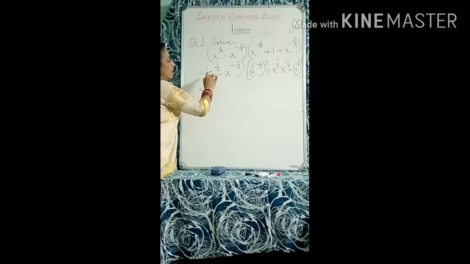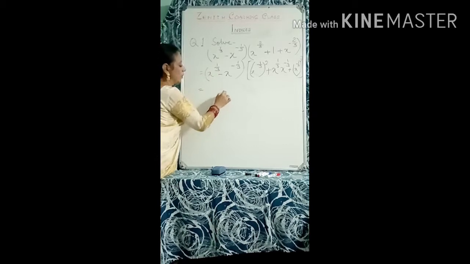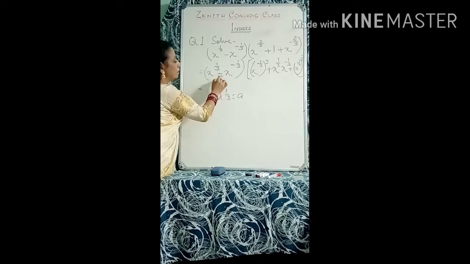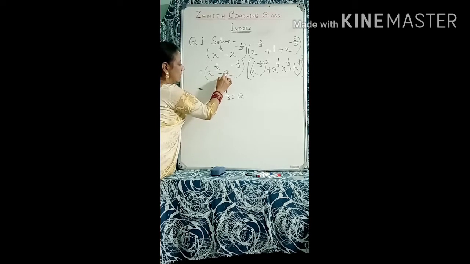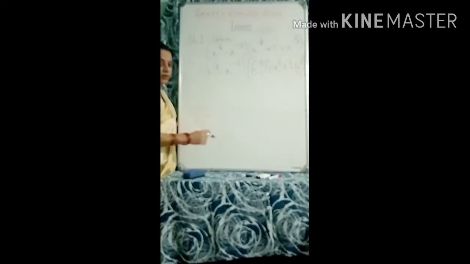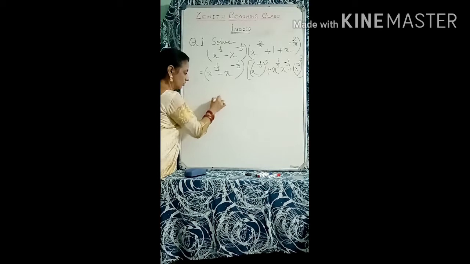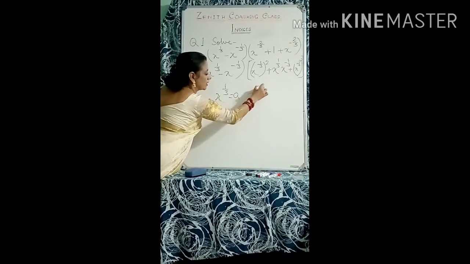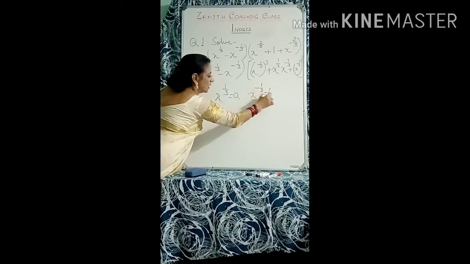Let's see that a minus b. अगर हम लोग इसको a सोचते हैं कि x to the power 1 by 3 equals to a, and x to the power minus 1 by 3 equals to b.